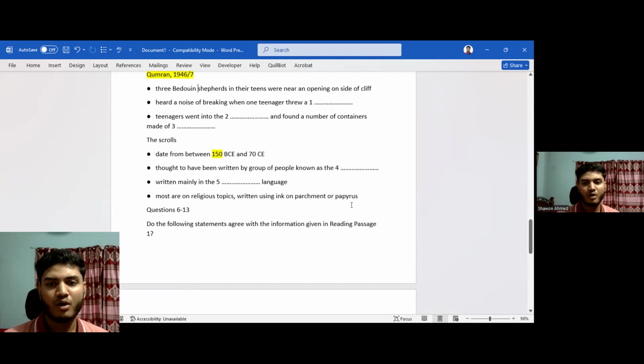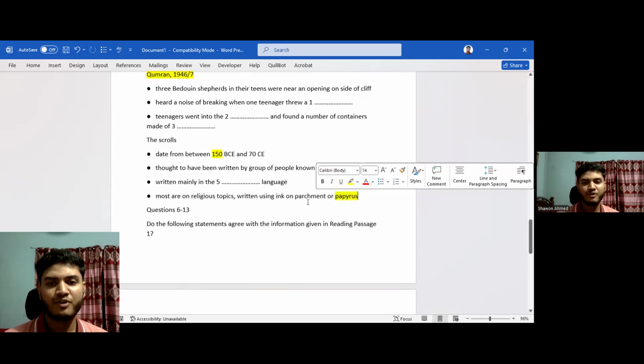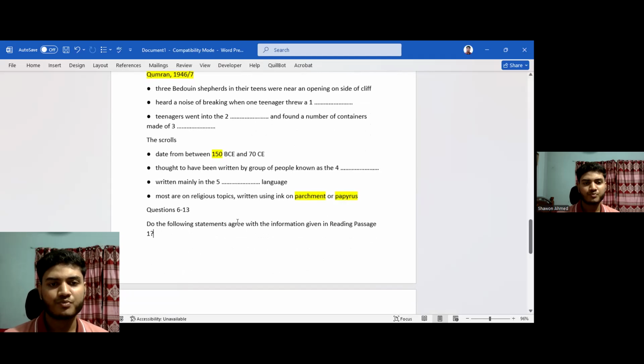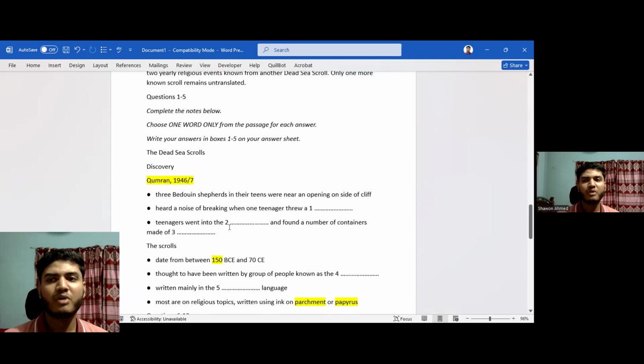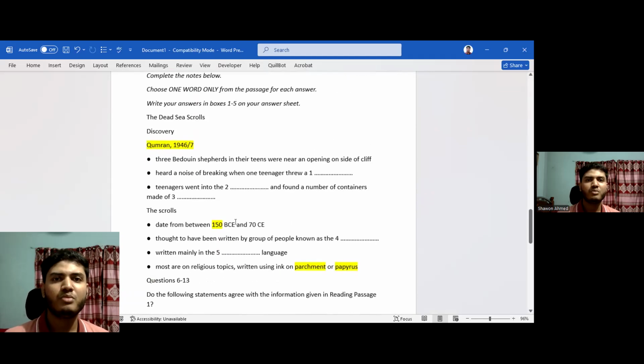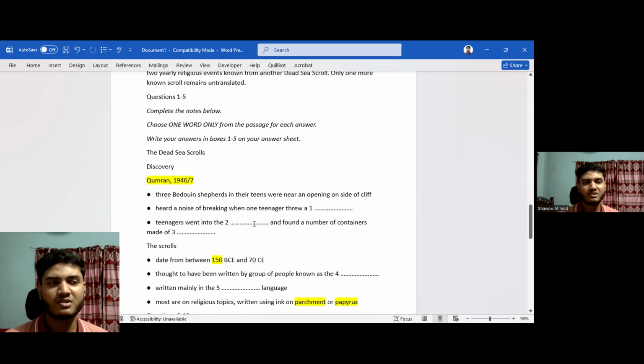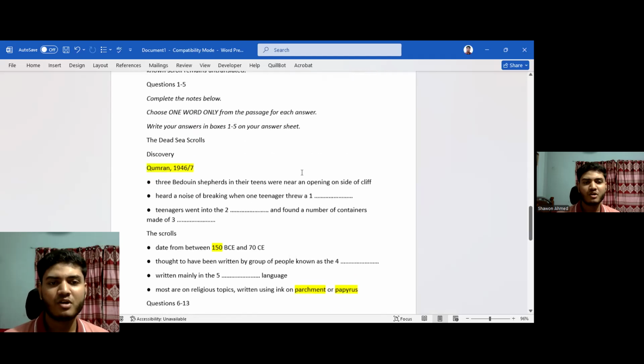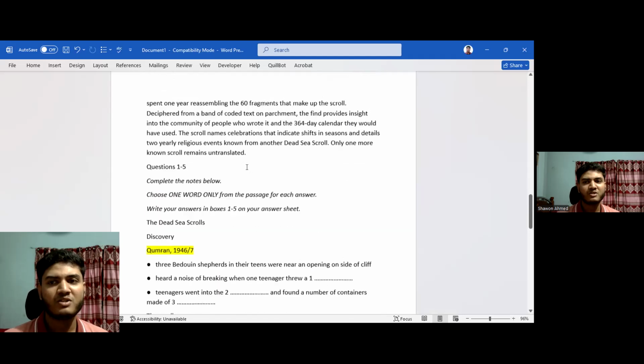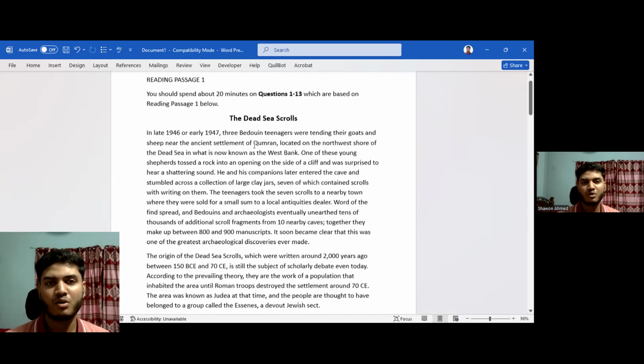Parchment or papyrus. This is really nice. One good thing about a history passage is that you will be familiar with the keywords. You will get keywords more often than in other scientific passages. So we got the keywords. Let's go back to the passage and see where the location of the answer is.